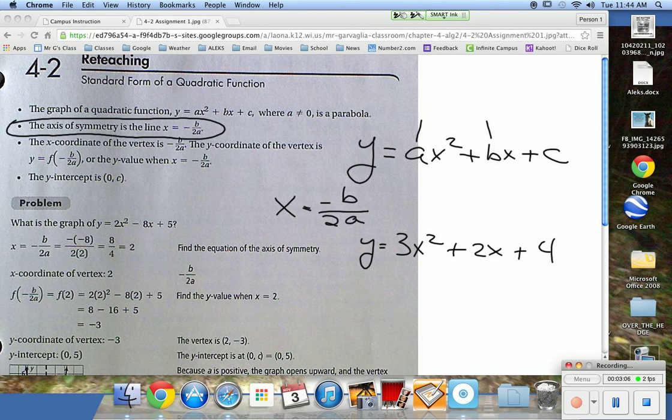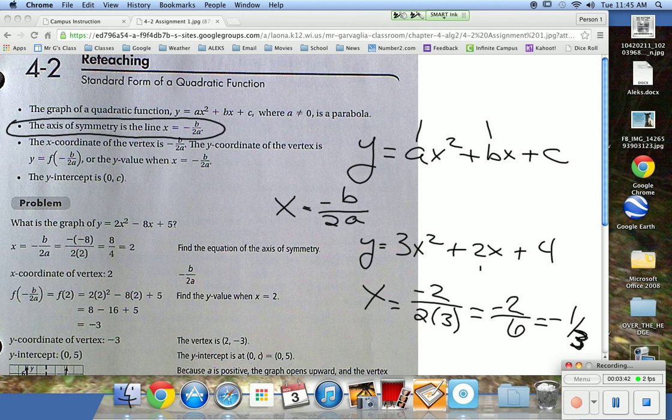My axis of symmetry is x equals negative b, which is negative 2, over 2 times my a, which would equal negative 2 over 6, or negative 1/3. That's the x coordinate for our symmetry line.